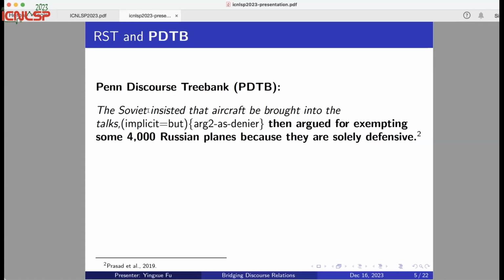In this example, you can see that there are two arguments. The first one is shown in italics, and the second one is shown in bold. And the label implicit means that this relation is an implicit relation, because we don't find any connectives to make this relation explicit, and this relation can just be inferred by the annotators.